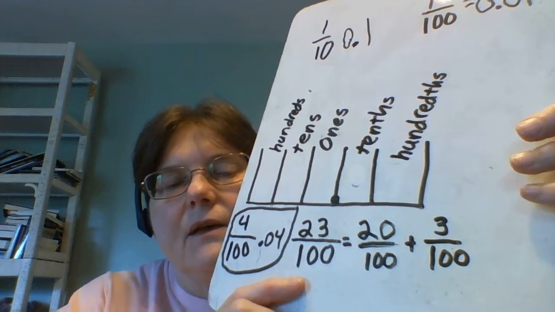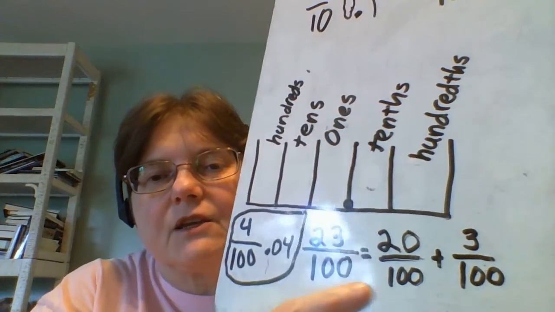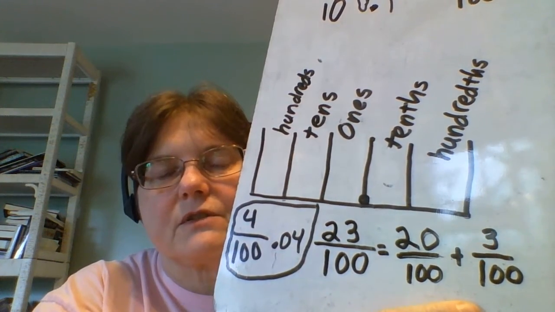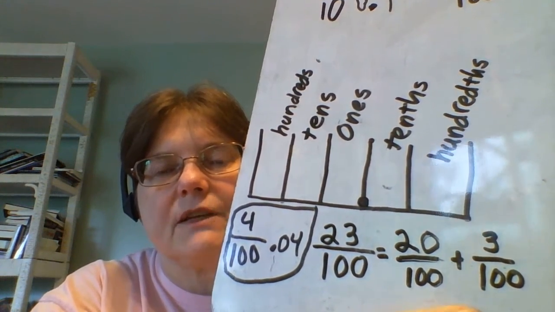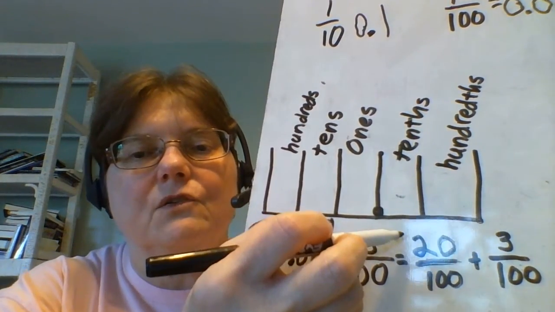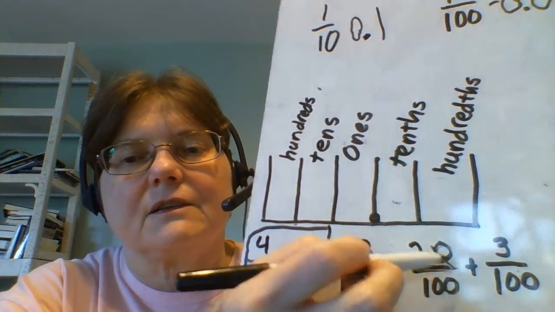Now what about 23/100? Well, we can break down 23/100 into 20/100 plus 3/100, right? And we already know that if you have a 0 in the numerator and the denominator, you can cross them out.